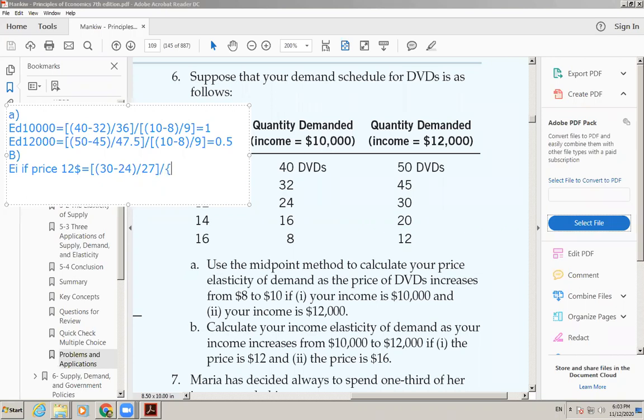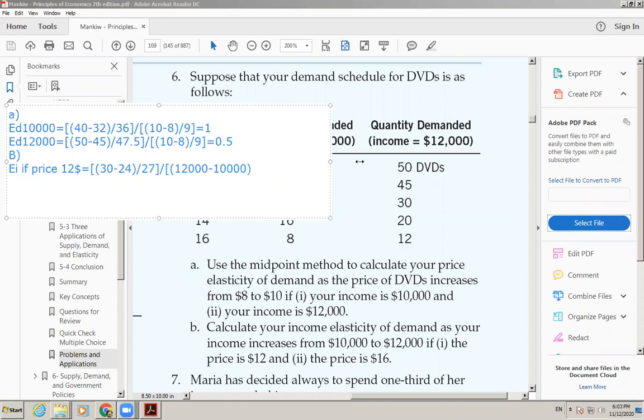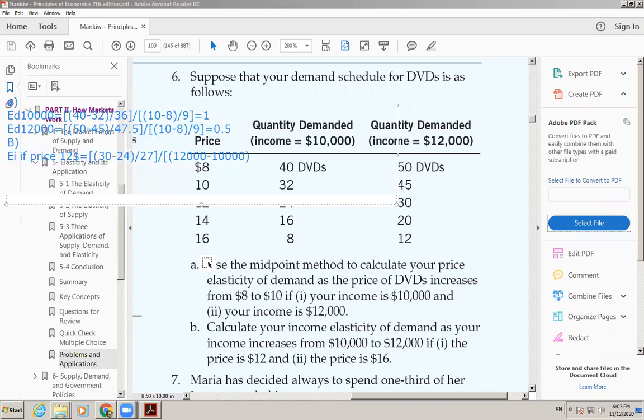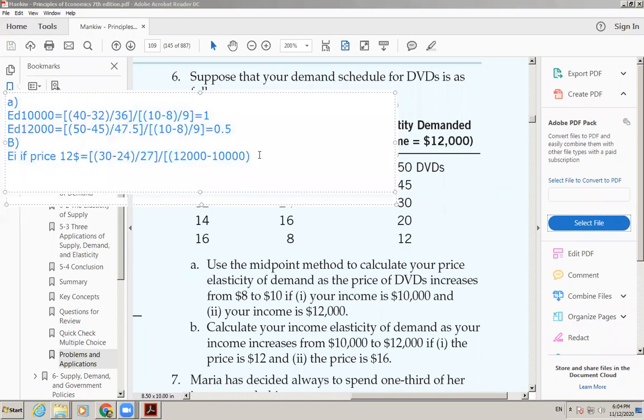And this is all divided by the percentage change in income, which is 12,000 minus 10,000, divided by the midpoint, 11,000.